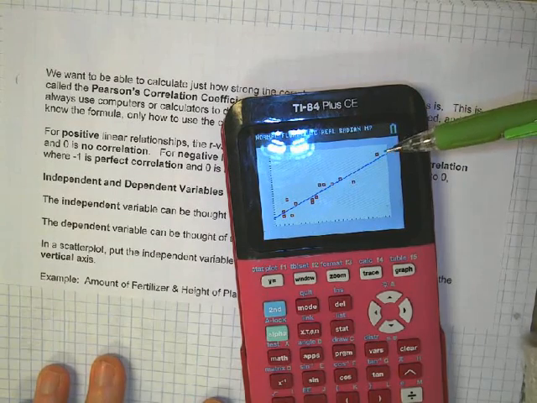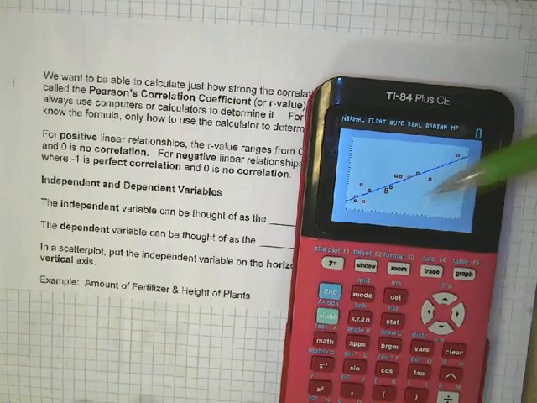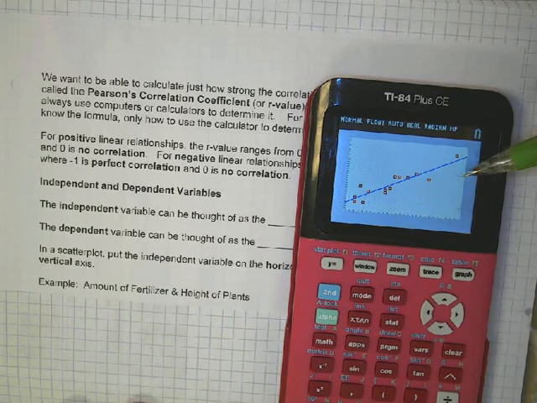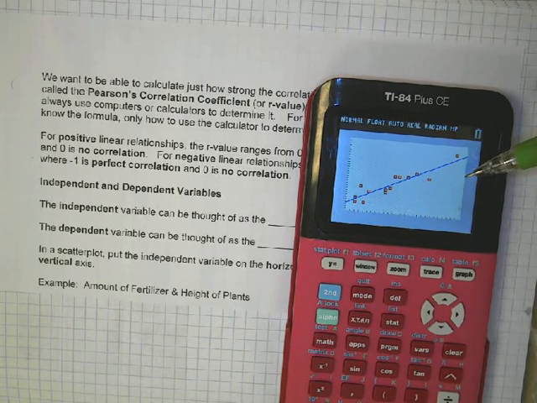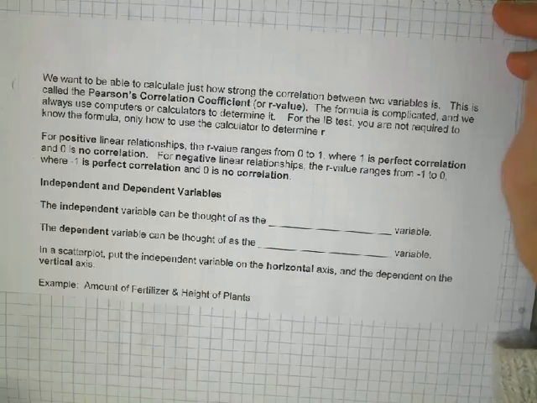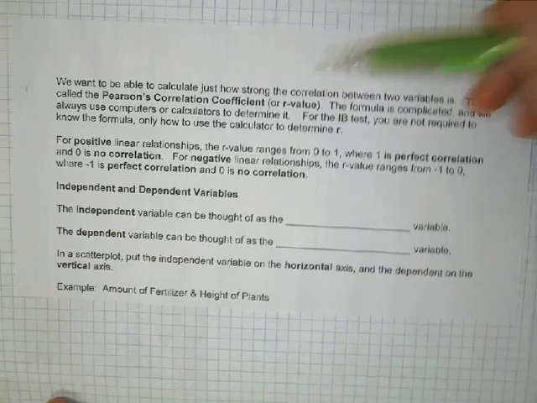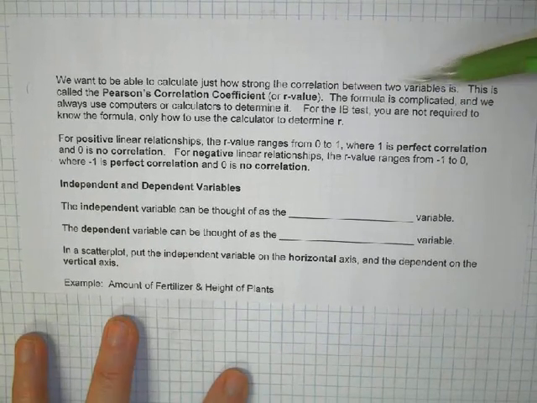They look like they're pretty close. They're pretty much following that line, but they're not completely on it. So the R gives us an idea of how tightly they are to that line, or if they're really far away from it. How close are the points to that line of best fit?